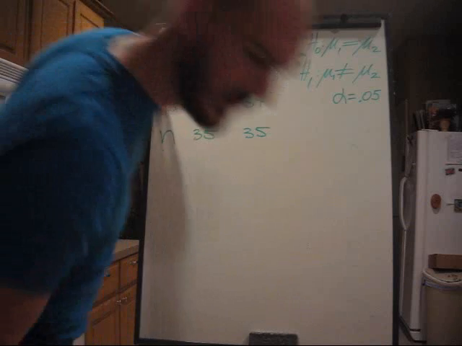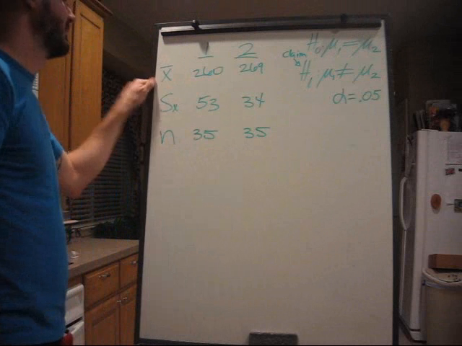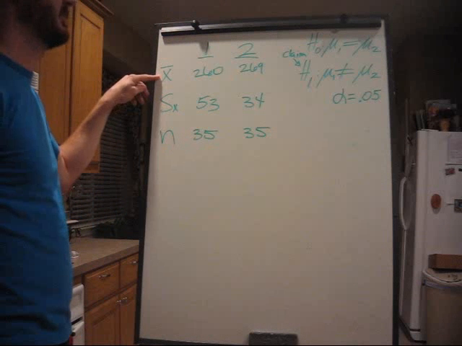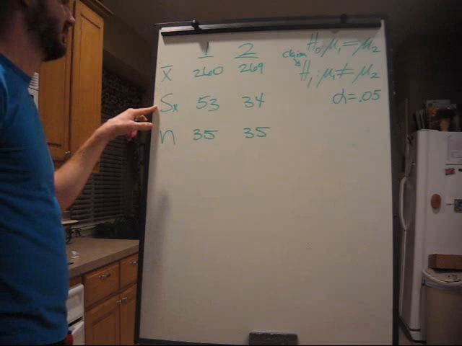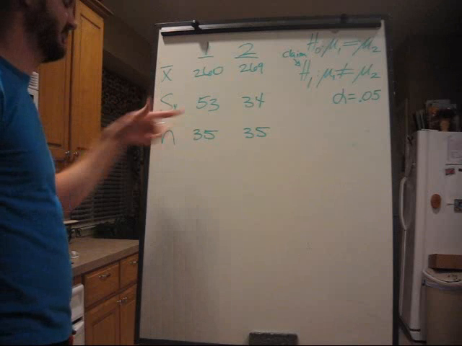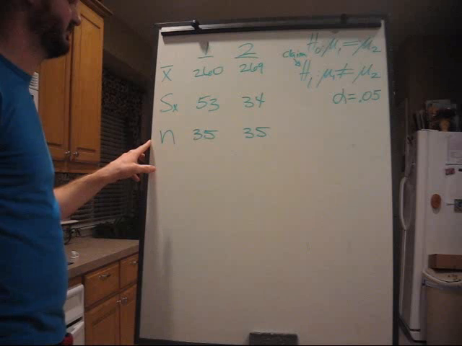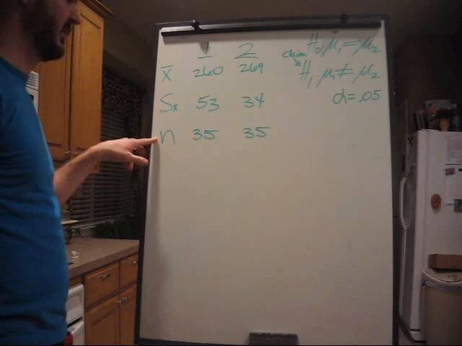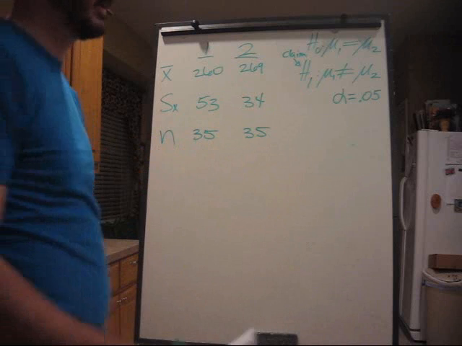I think it's feet per second. Feet per minute, that'd be pretty quick, wouldn't it? The standard deviation is in the same units, and 35 is the sample size for both categories, just to give you a little background on the question.